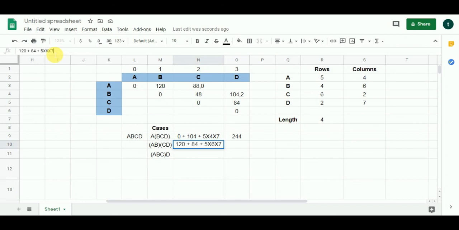So this is going to come out as, all right, let me focus on the last one. So let me quickly write down the cost of ABC. ABC is nothing but this, so 88, and then the cost of D is going to be 0, and let me quickly write down the cost of the multiplication, which is going to be 7 cross 2 multiplied by 5.